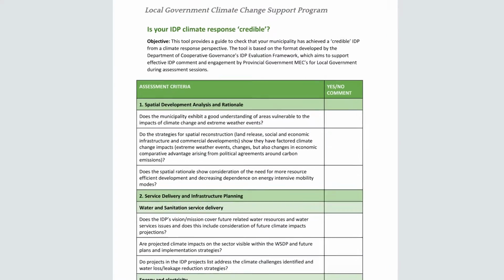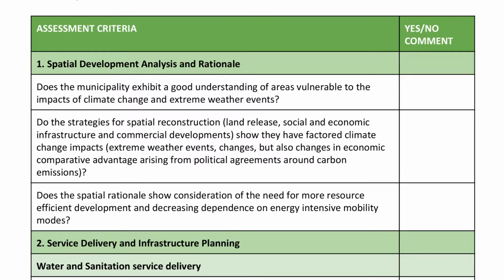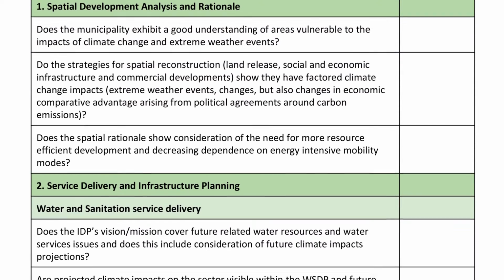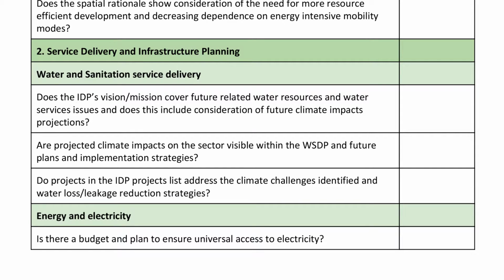Section 1 focuses on assessing the spatial development analysis and rationale components of your IDP. The first question is, does the municipality exhibit a good understanding of areas vulnerable to the impact of climate change, as well as extreme weather events? The second section considers infrastructure planning, particularly in the water sector.